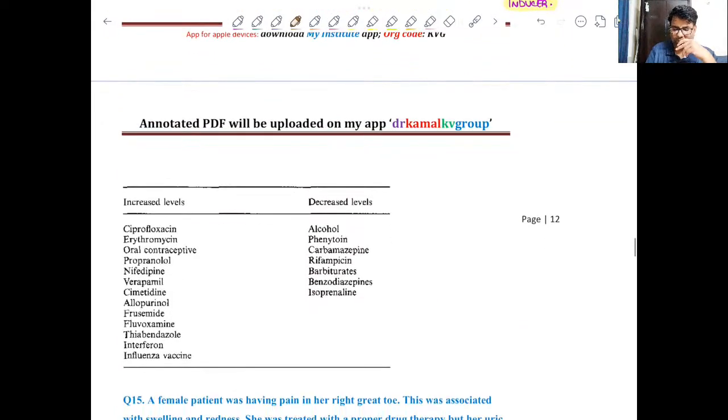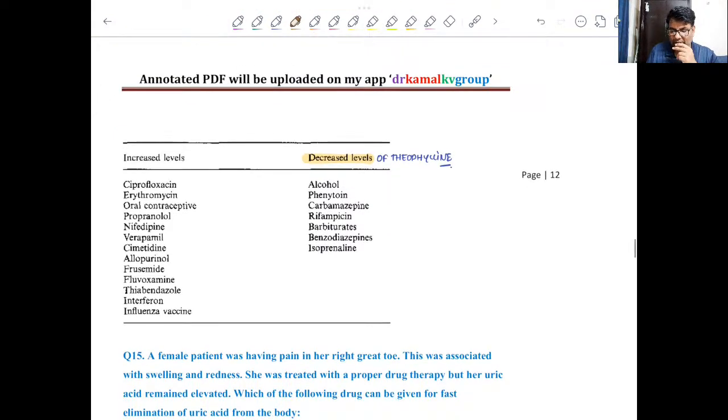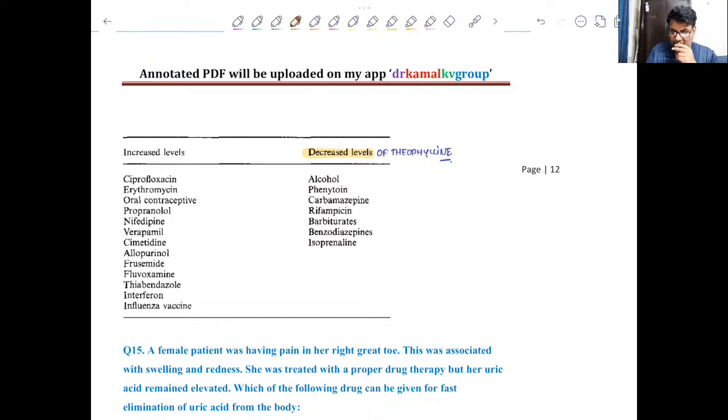And with respect to theophylline, there are many other drugs which can cause fall in the level of theophylline. So decreased levels of theophylline can be seen if we give any of these drugs simultaneously, and especially I am interested in rifampicin.